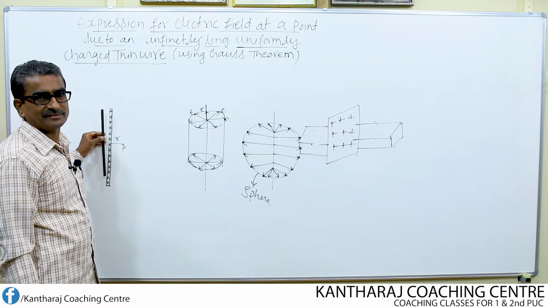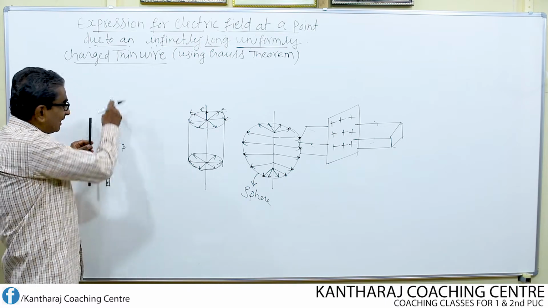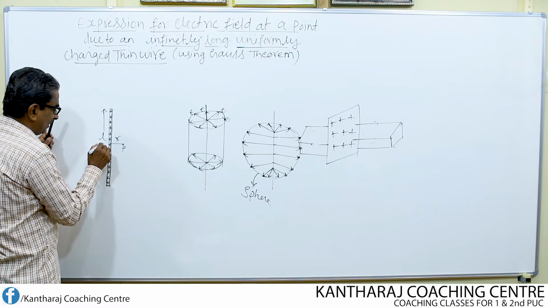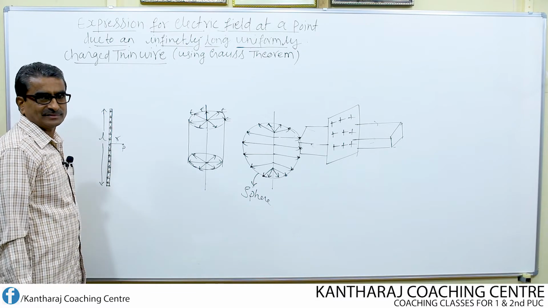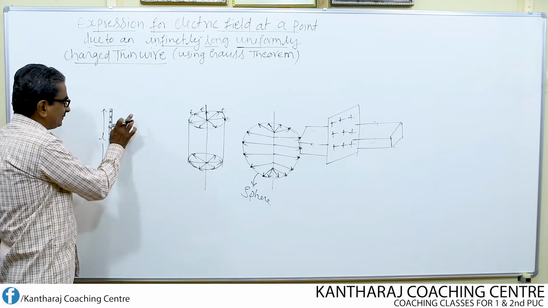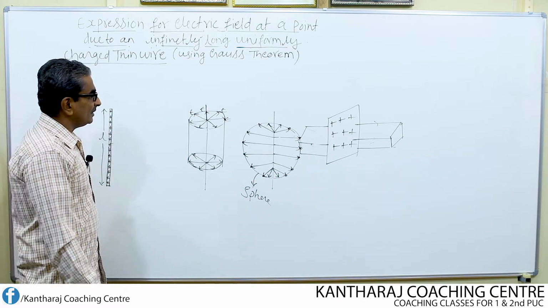That's the meaning. So r should be small compared to its length. Let L be the length of this wire. So L is very large compared to r. That is why it is termed as infinitely long.